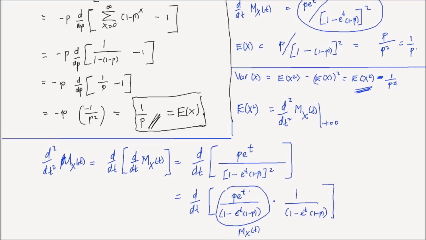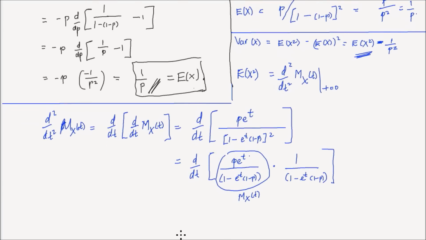So what I am able to do now is write the second derivative with respect to t as the derivative of the MGF divided by that expression, 1 minus e to the t times 1 minus p.